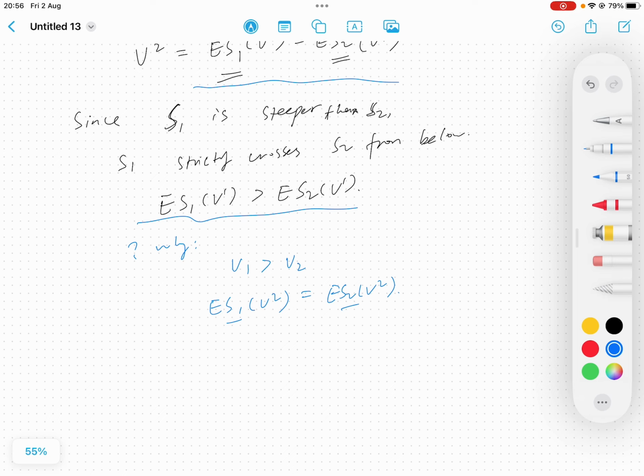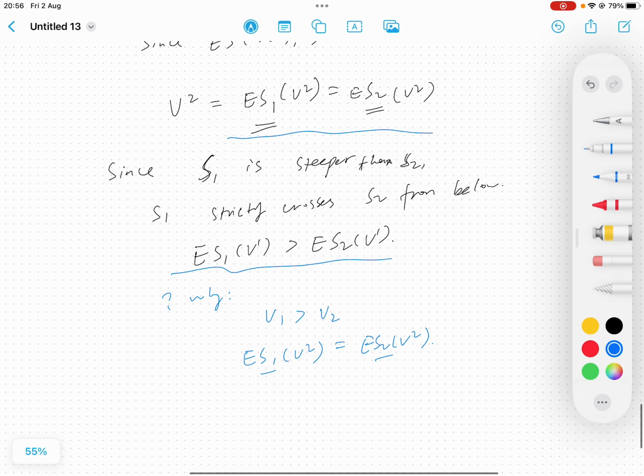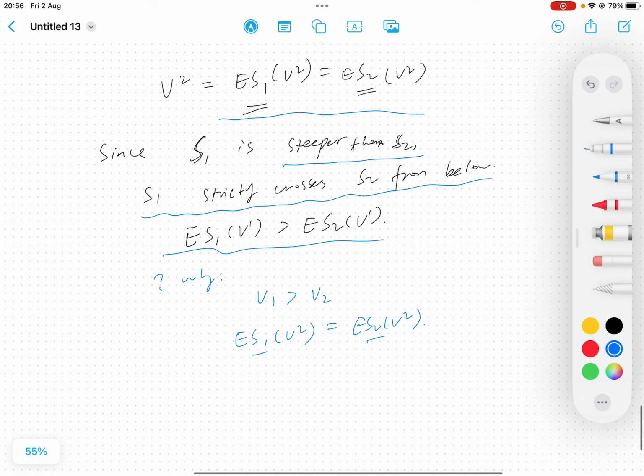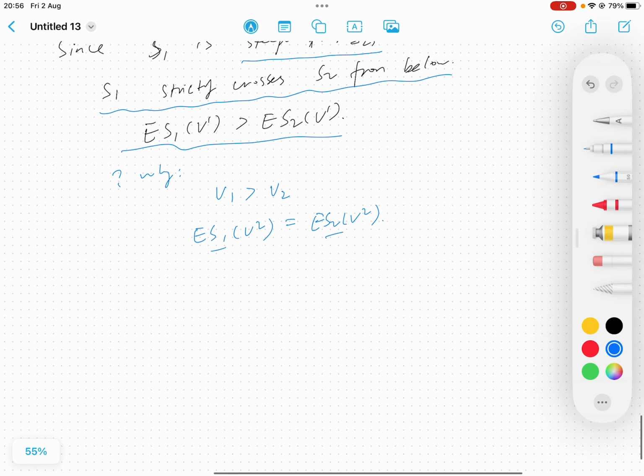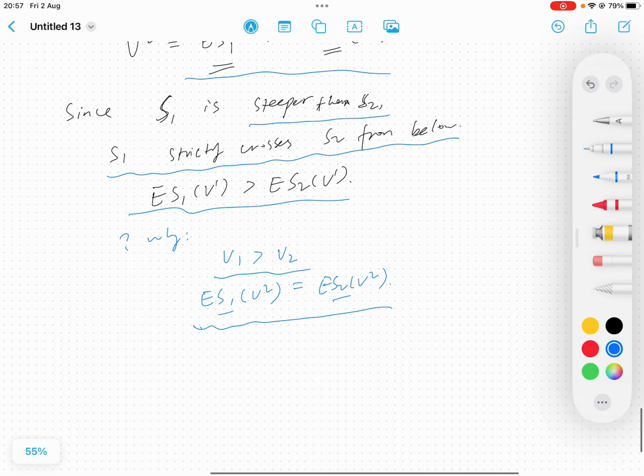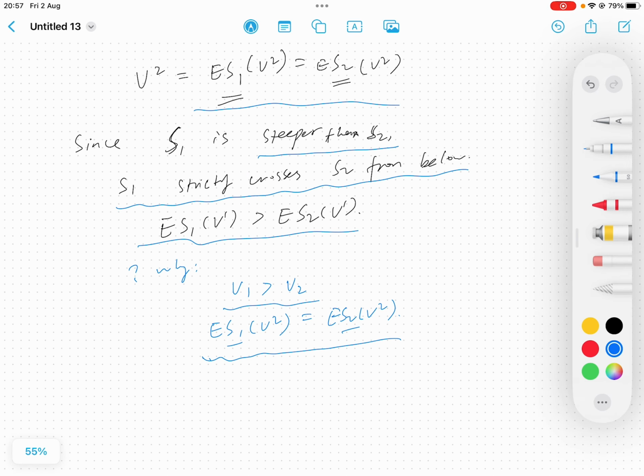And because S1 strictly crosses S2 from below, and we have V1 bigger than V2 and ES1 V2 equals ES2 V2.